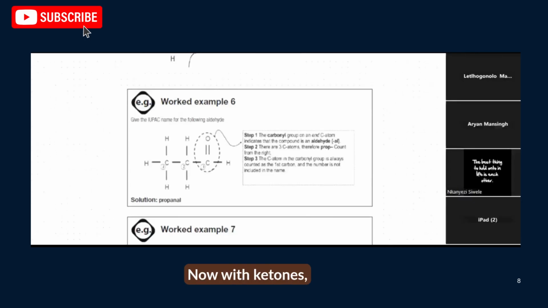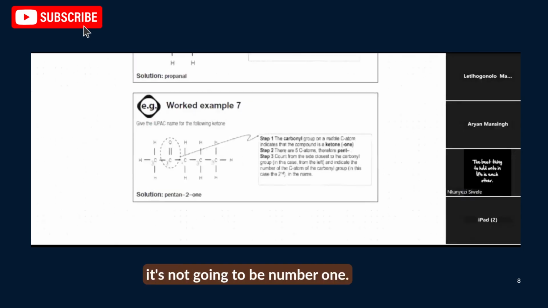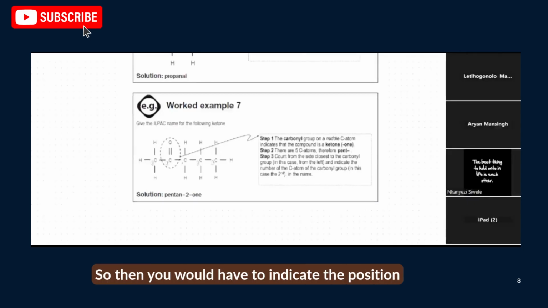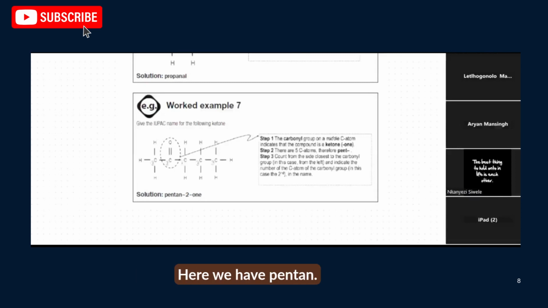Now, with ketones, it's not going to be number one. It should never be number one. If it's number one, then it's an aldehyde. So then you would have to indicate the position of your double bond with oxygen. Here we have pentanone. Please note the "an" that they add. So you can see with the alcohol and with the aldehyde and the ketones, you have to add that "an."